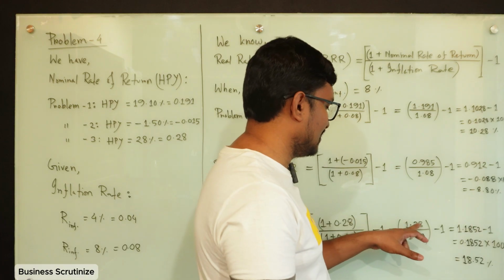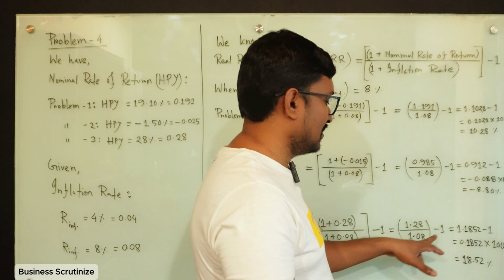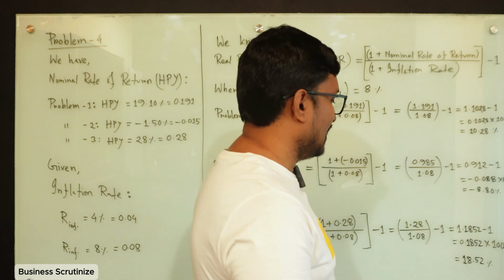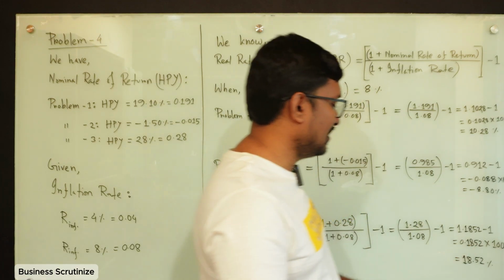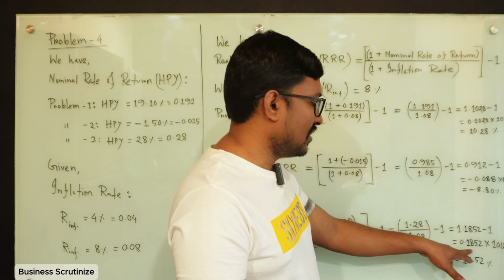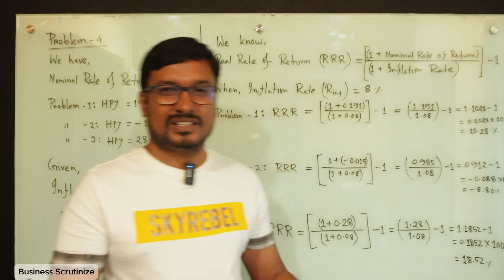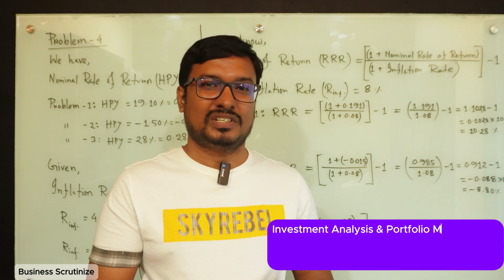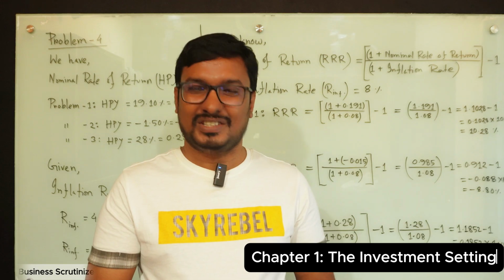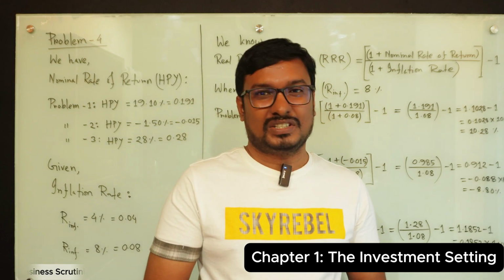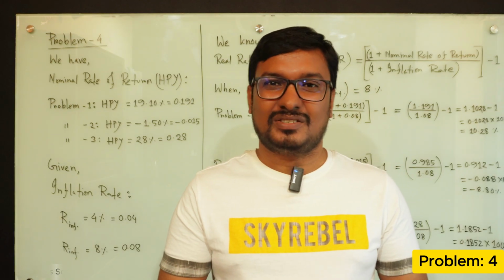The numerator sums to 1.28 over 1.08, then subtracting 1, and after division we get 1.1852, minus 1 gives 0.1852, multiplied by 100, and it is 18.52% as the real rate of return, considering 28% nominal rate and 8% inflation. In this way you can compute the real rate of return from the given nominal rate of return, considering any percentage of inflation rate.